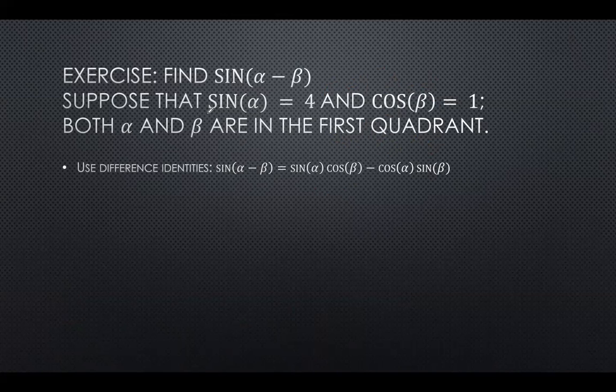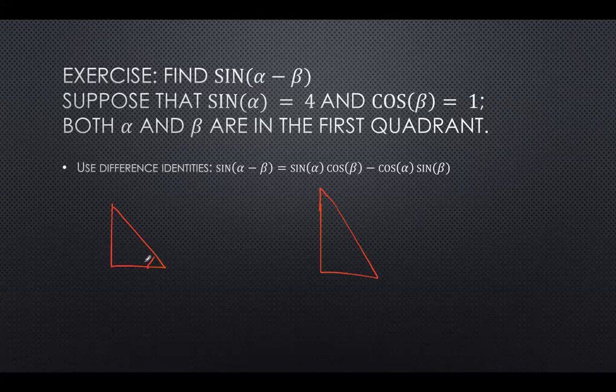So if sine alpha is 4 over 5 and cosine beta is 1 over 2, and both alpha and beta are in the first quadrant, that means alpha and beta are both angles of a right triangle.